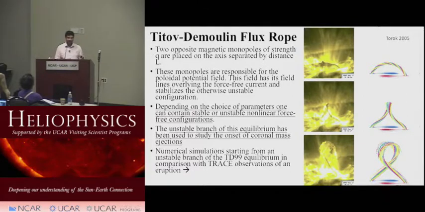And so there's basically a set of equations for this flux rope, and some of them are naturally stable and some are naturally unstable. This particular simulation was created to replicate an observation that was seen, and the set of equations used naturally came out of an unstable branch of the equations that Titov and Demoulin provide.